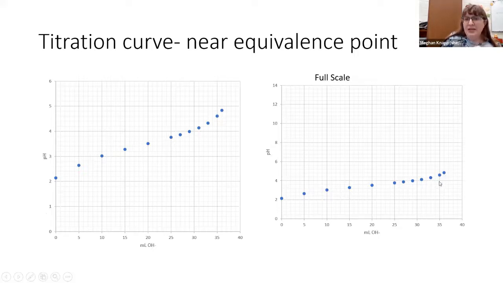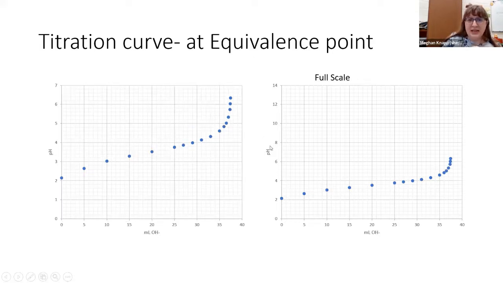When that happens, the pH is changing very dramatically, and you want to add just a little bit at a time, just a few drops, because we're really interested in what's going on near this equivalence point. Right up to the equivalence point, notice how almost vertical this line is getting to be, all right? And that's how we're going to know where our equivalence point is.